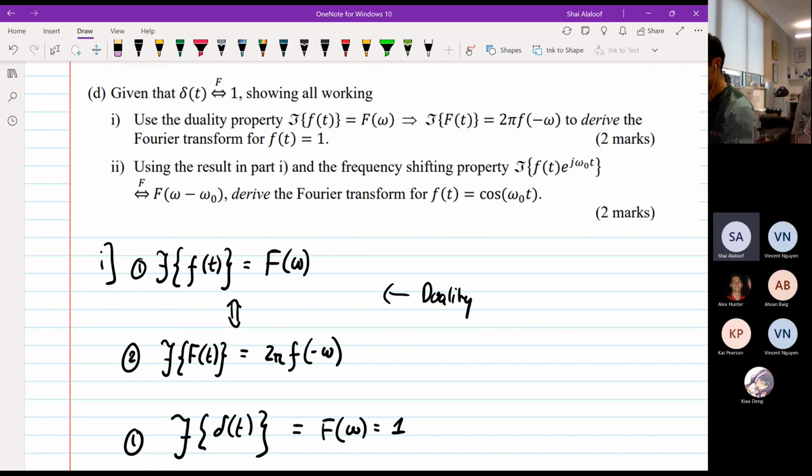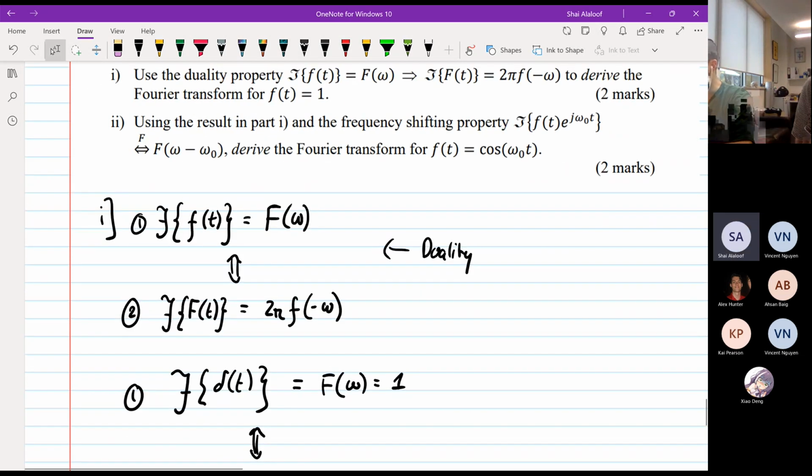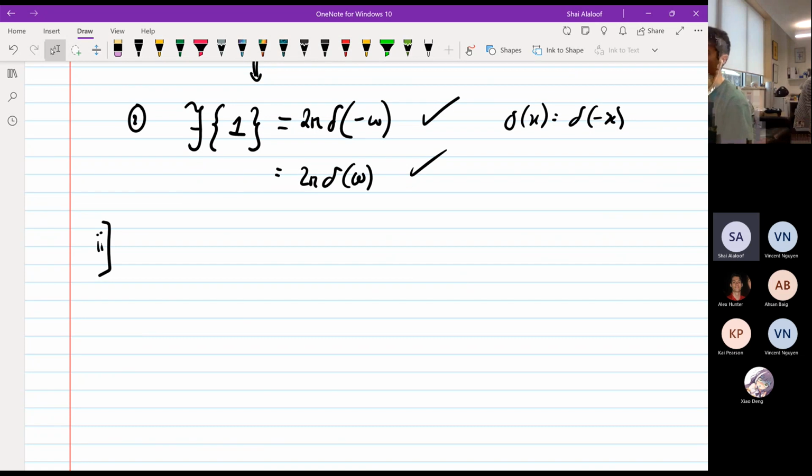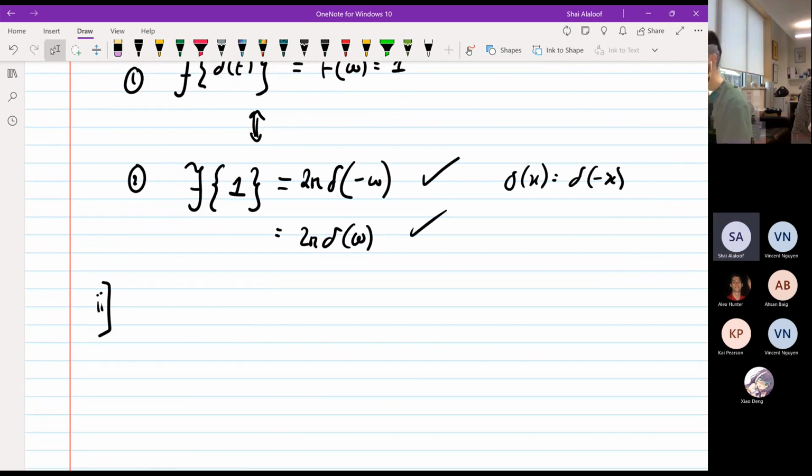So we want to derive the Fourier transform for f of t is cos omega naught t. Now, you do get given what this is. You know that it's going to be a mixture of Dirac deltas, but it wants you to prove it from first principles, which is a little bit difficult. But I hope once I go through it, you'll be able to see that all of these types of questions are maths based. It's a lot of being good with algebra.